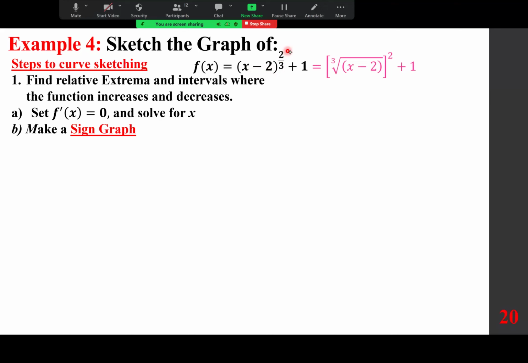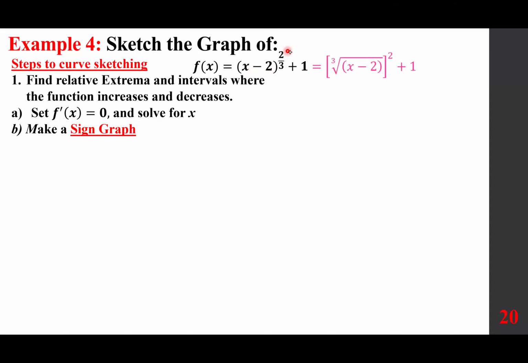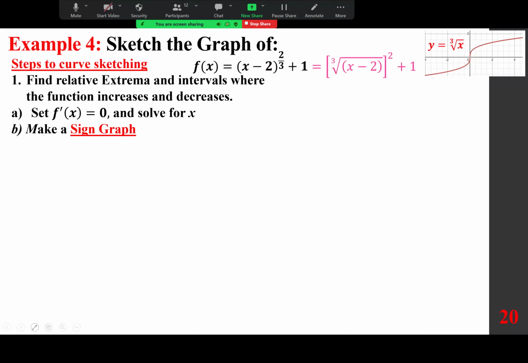To graph this using transformation, we're going to start with the basic elementary function that you're supposed to know, y equals cube root of x. The graph looks like this. The x-intercept is located at (0, 0). It happened to be the y-intercept. Then we're going to go with x minus 2.